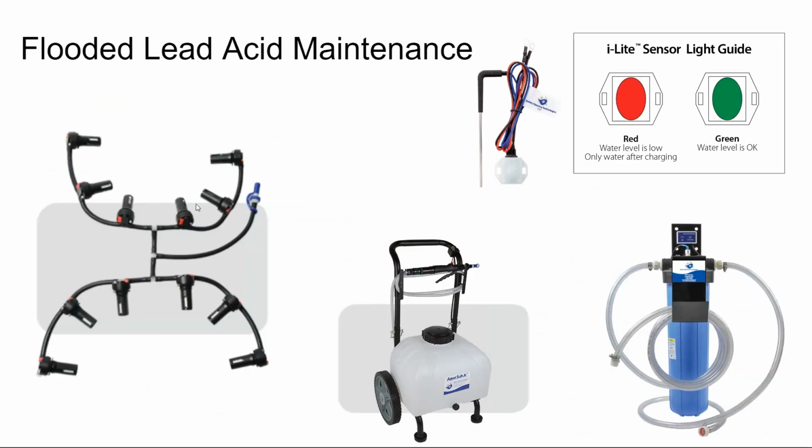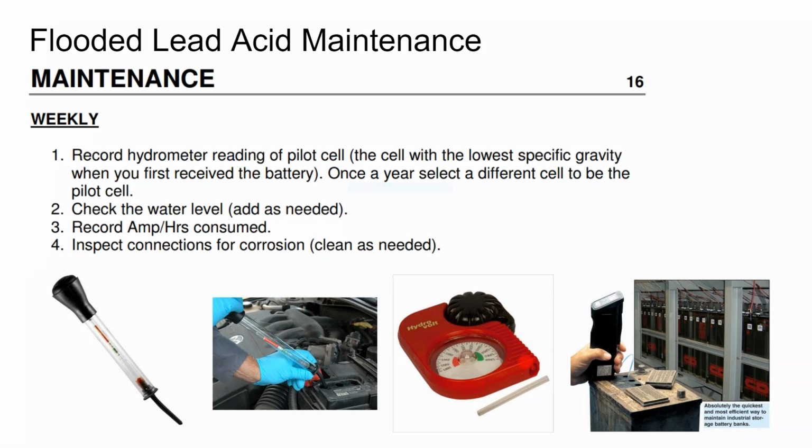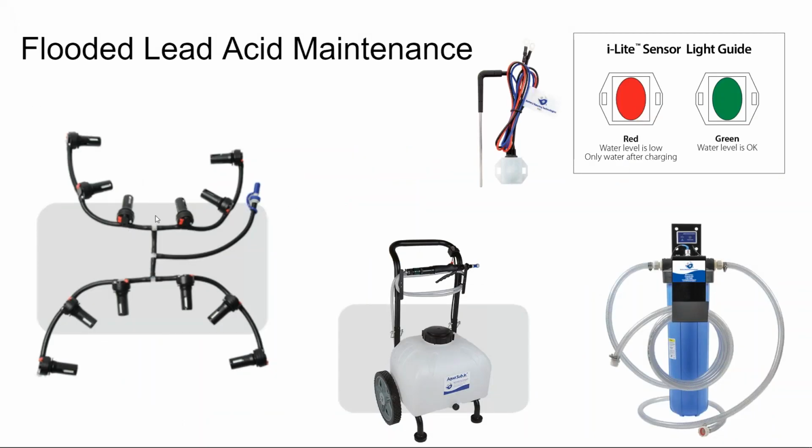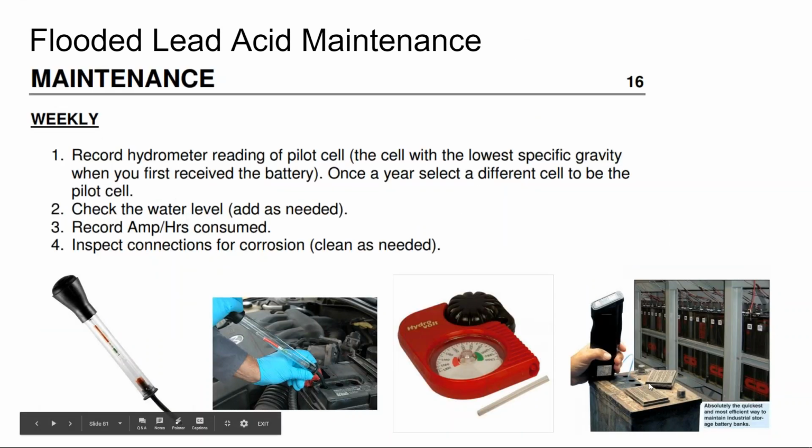The one complaint that my first customer had is that in order to stick the hydrometer into the hole, he has to take the watering kit out and then put it back in. So the watering kit didn't make things easy on him. It just saved him a little bit of time, not a lot, because he's having to read each cell anyway. It's not that big of a deal.